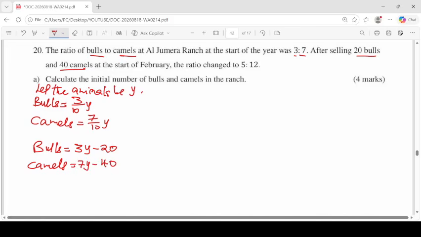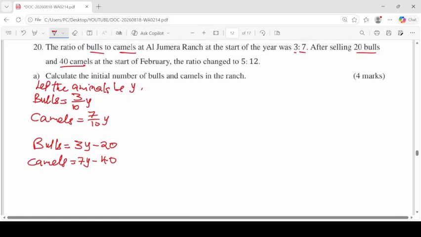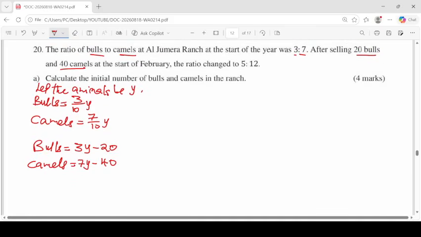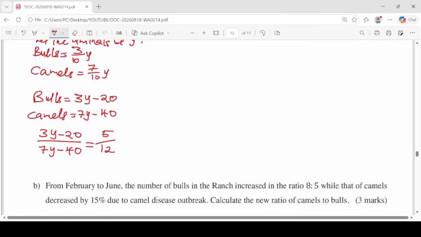They are saying the new ratio of bulls to camels is 5:12. So bulls, 3y minus 20 over 7y minus 40, will be equal to 5/12. I hope we are clear up to that particular step.